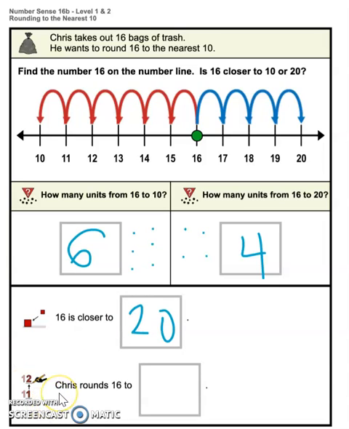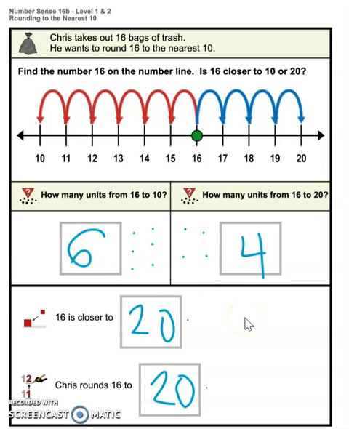So, what will Chris round to? Chris rounds 16 to 20 because 16 is closer to 20 than it is to 10. It is only 4 units away from 20. It is 6 units away from 10.